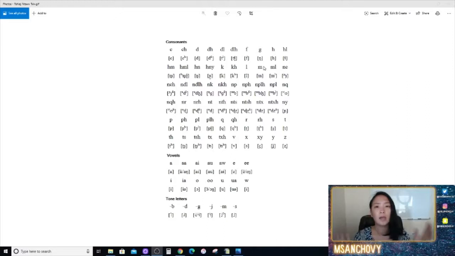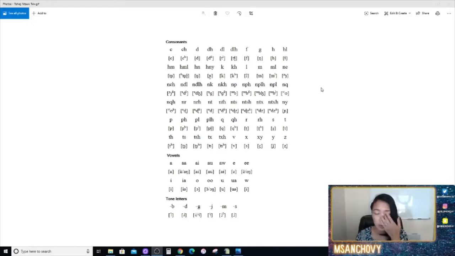So what are the consonants? They are the beginning of the letter. Almost all words have a consonant and a vowel. Well, no, all words have a vowel, and you can add a tone or a consonant.